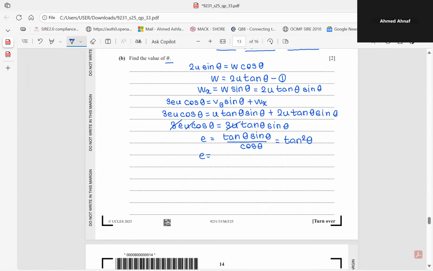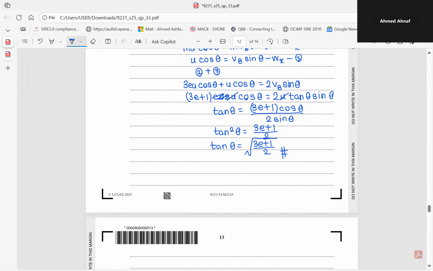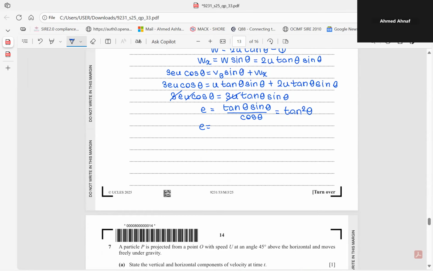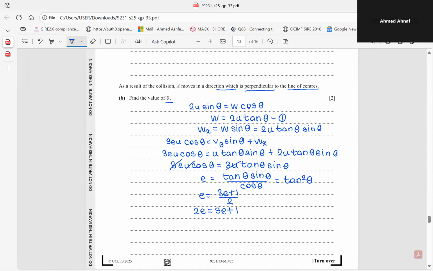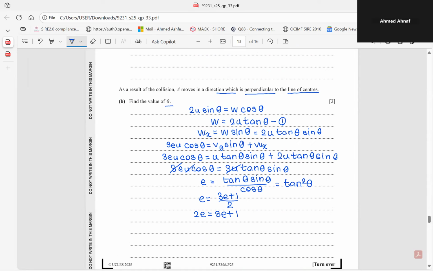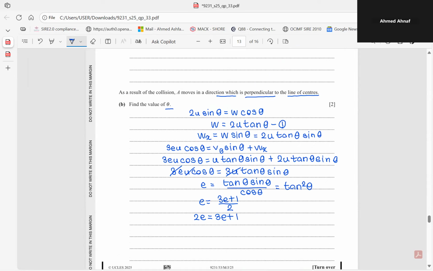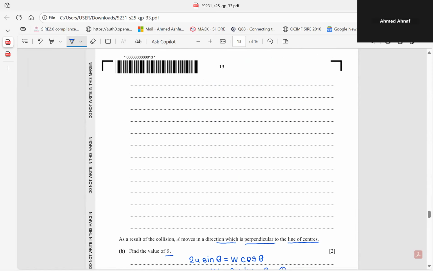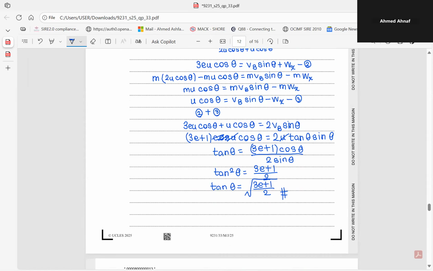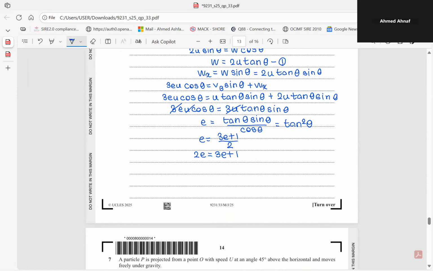And then we can use the expression from the previous part for tangent squared, that is just (3e plus 1) over 2. So multiply both sides by 2, get 2e equals 3e plus 1. Let's just go ahead with the flow.